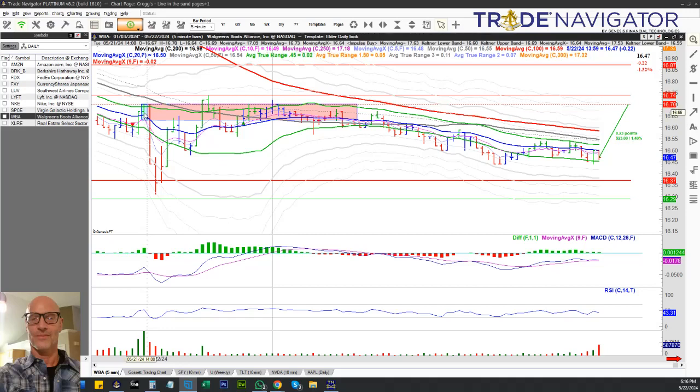What brought my attention to this was in the morning, WBA sold off very, very strongly. I mean, extremely strongly. And then it just, like nothing happened, went back up.